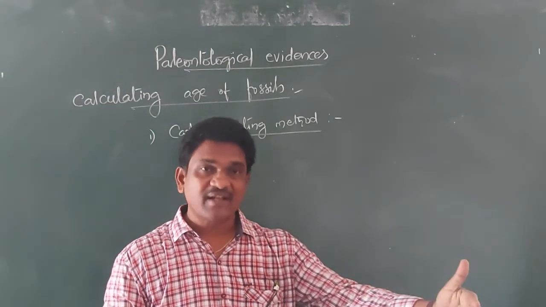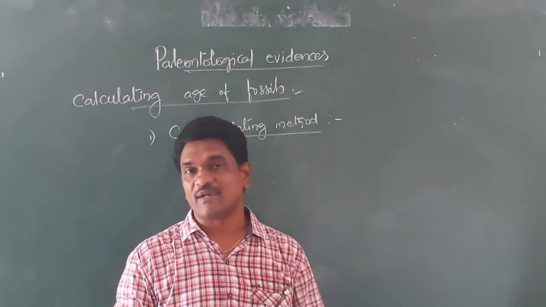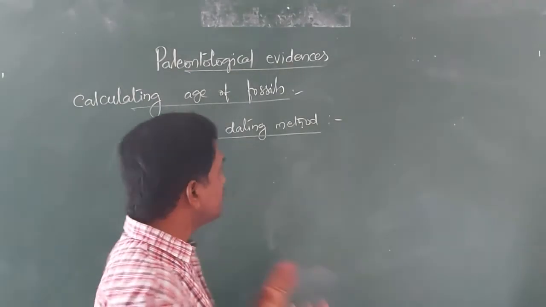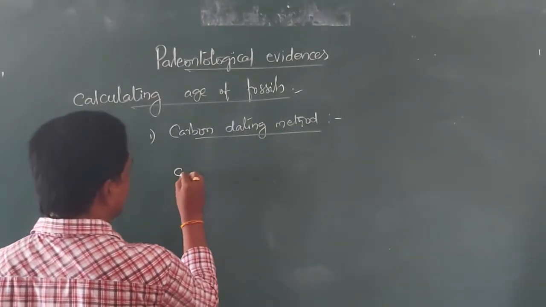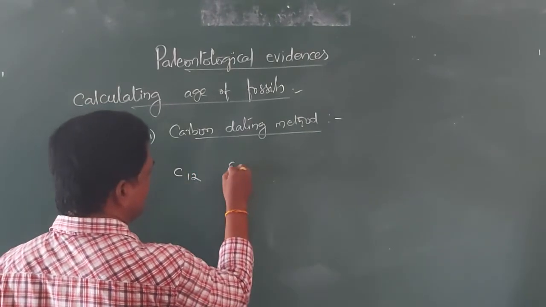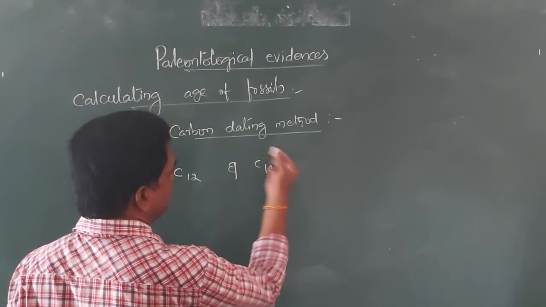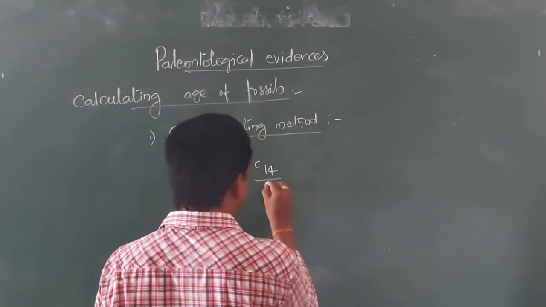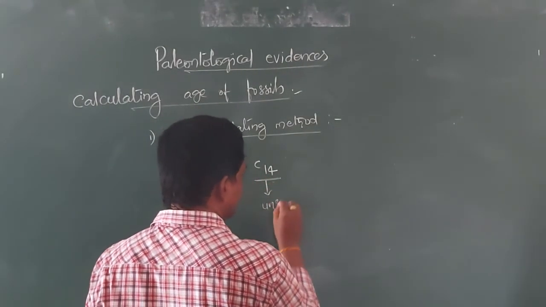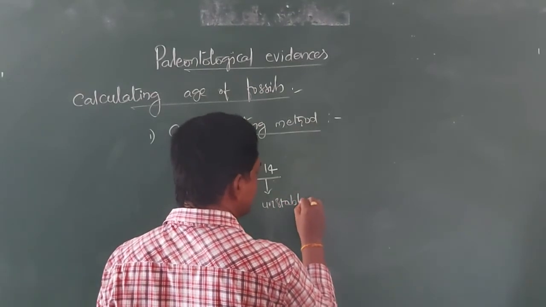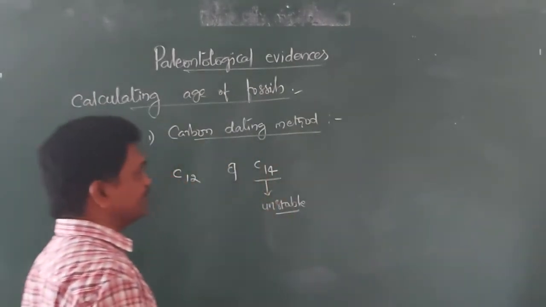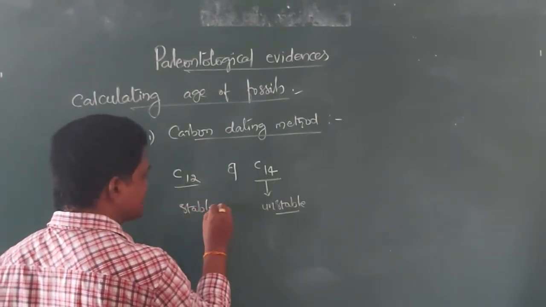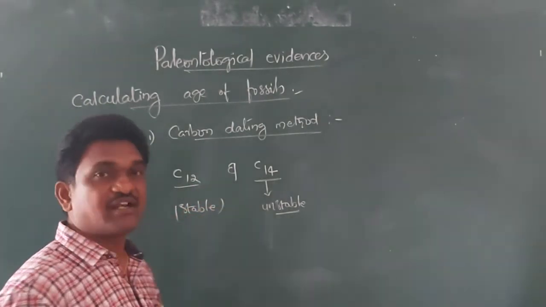So animals also take carbon from plants. There are two types of carbon atoms, carbon 12 and carbon 14. Of those two, carbon 14 is unstable. It is able to change into another type of atom, whereas carbon 12 is stable. It never changes in the organism even after death.